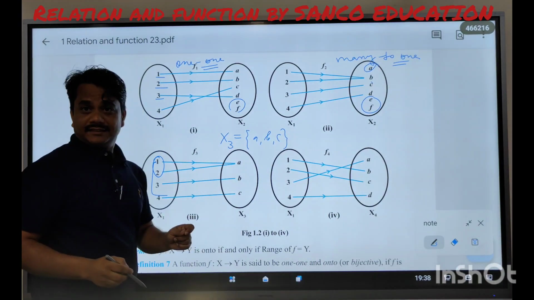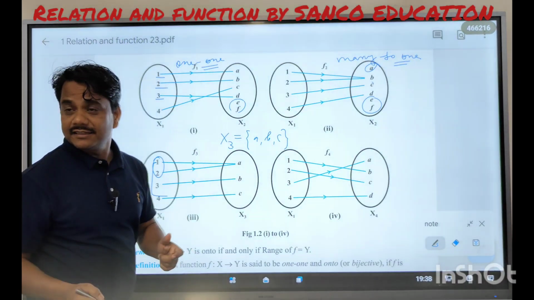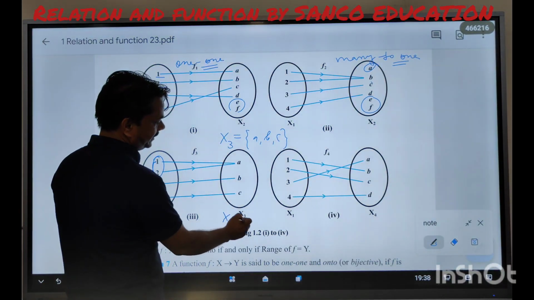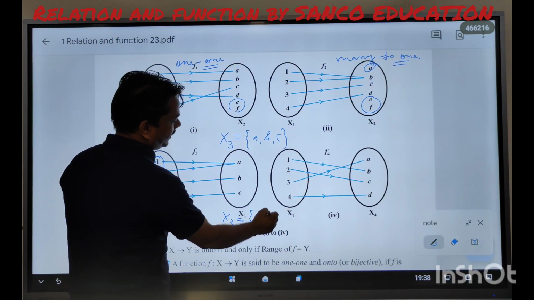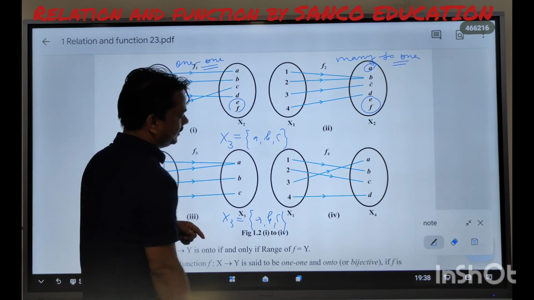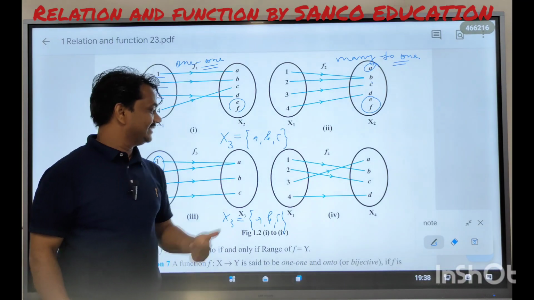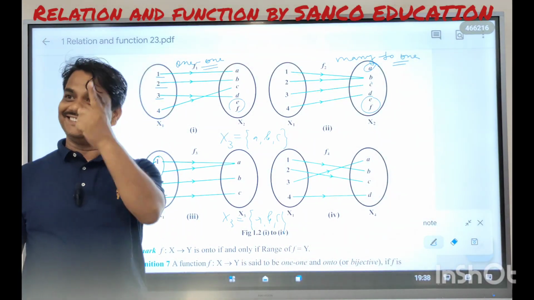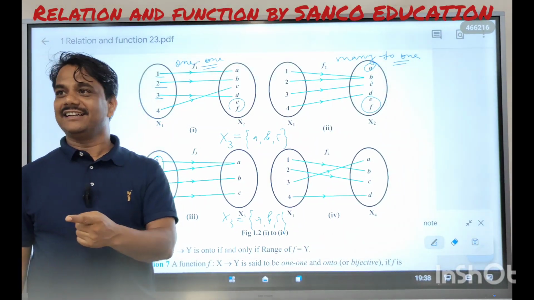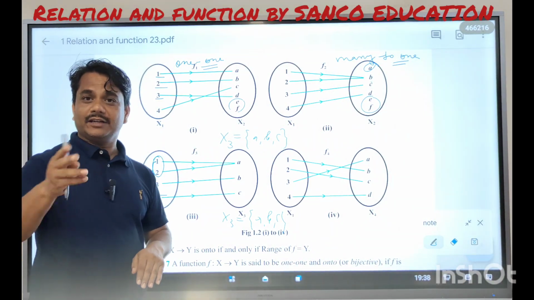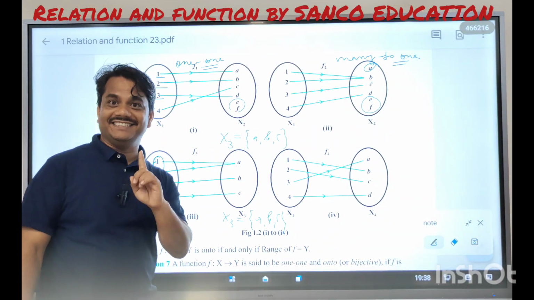And what is the range? Sir, the range is also the same, A, B and C. So when the range becomes the codomain, then the mapping becomes onto. A mapping from A to B is said to be onto if the codomain becomes the range.